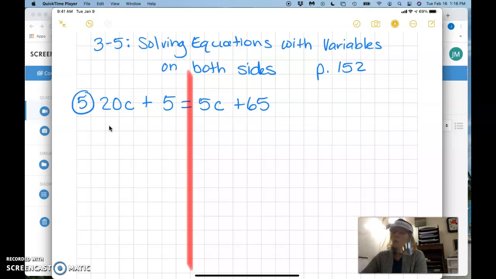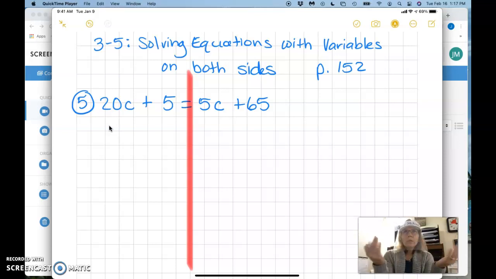What you need is to get a variable on one side and just a number on the other side. So our whole goal is to move all the variables to one side of that line and move all the numbers to the other side.